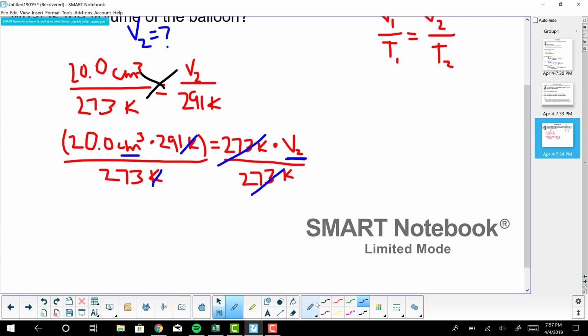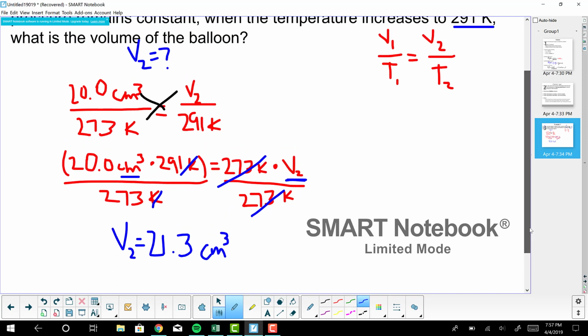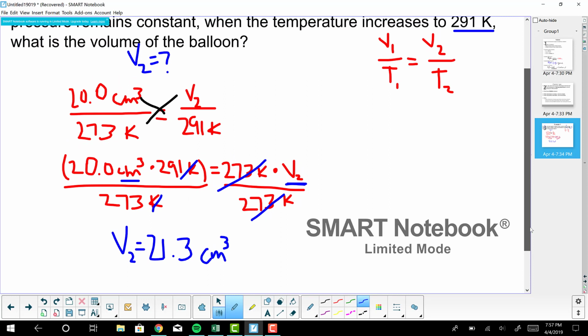And you should get that volume 2 equals 21.3 centimeters cubed. All right. So that's how you do these Charles's Law examples.